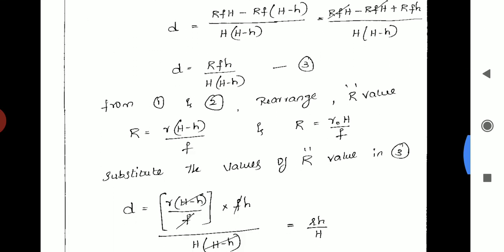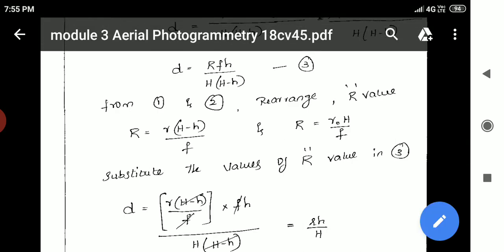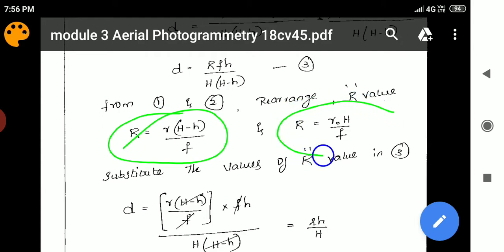By rearranging the data, I got r, and by rearranging the other equation I got this expression for R. By using all of these, again I have to substitute in 3. So I got 3 values.